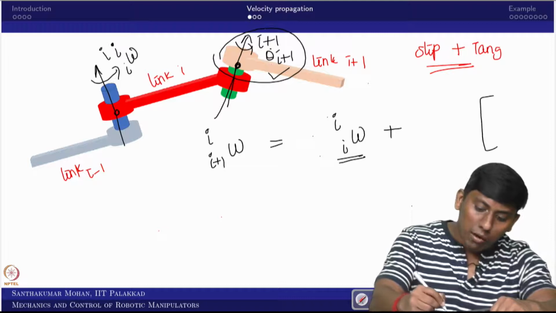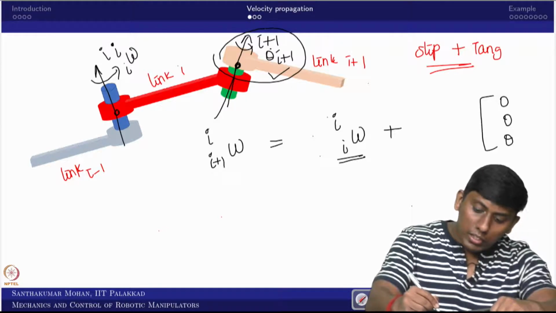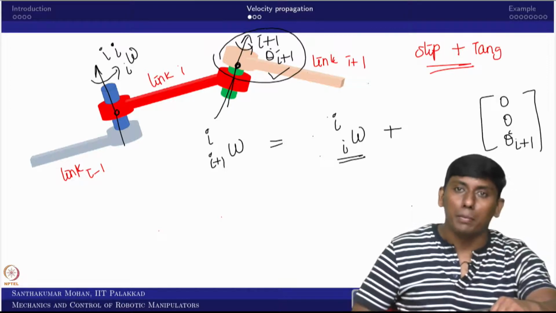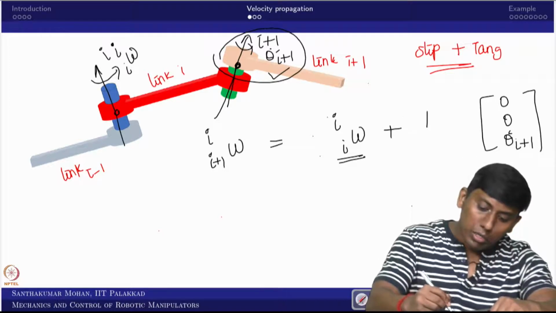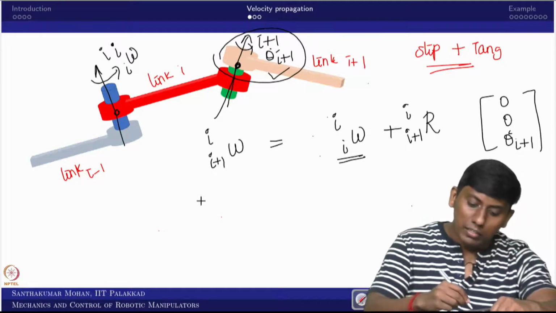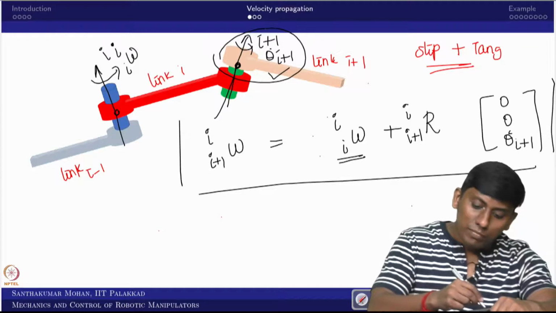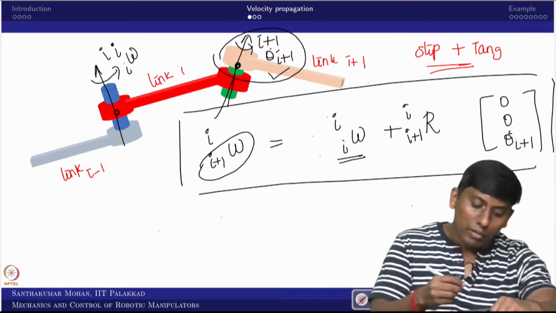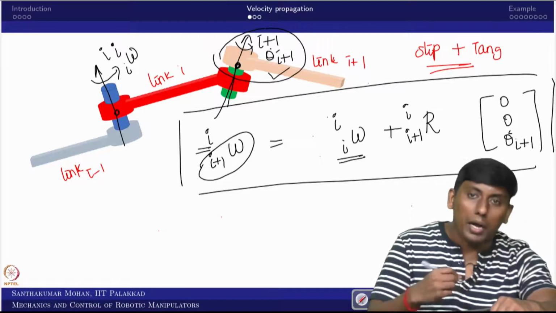So you have 0, 0, theta dot I plus 1, but that is with respect to the I plus 1 frame. So you can take the rotational information. This gives the angular velocity of I plus 1 with respect to I.